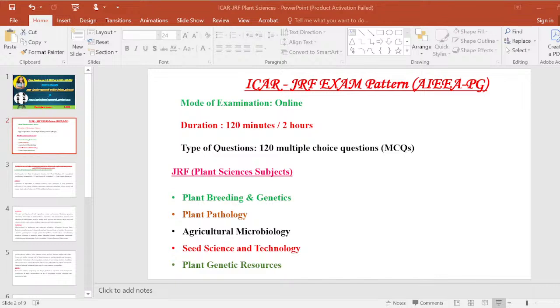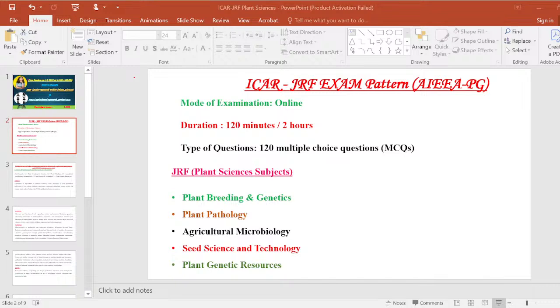Then coming to unit 2, unit 2 consists of the structure and function of cell organelles. That is our basic cell consisting of different organelles like endoplasmic reticulum, Golgi apparatus, chloroplast, plastids, and mitochondria. And what is the function of these organelles?